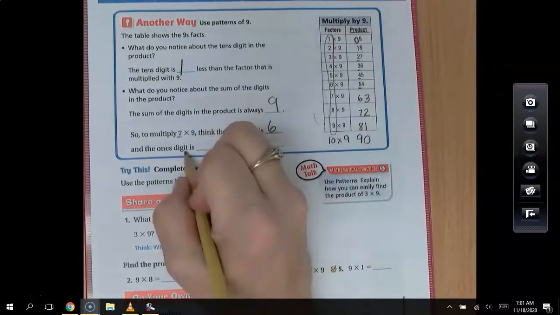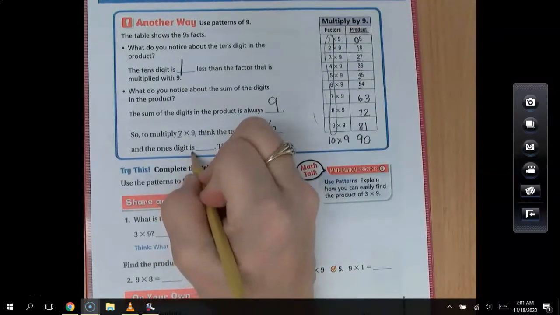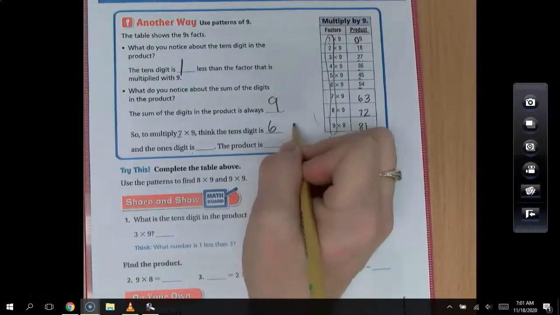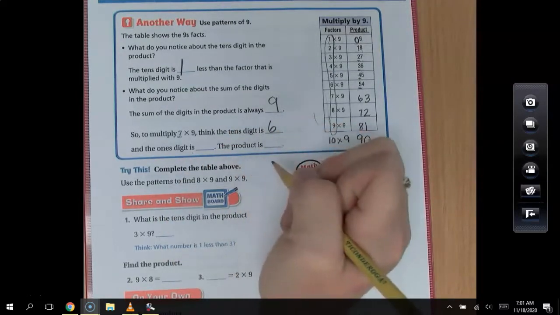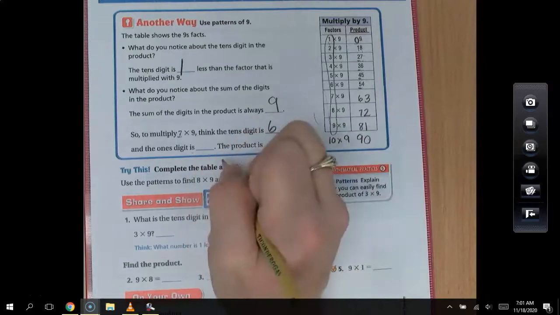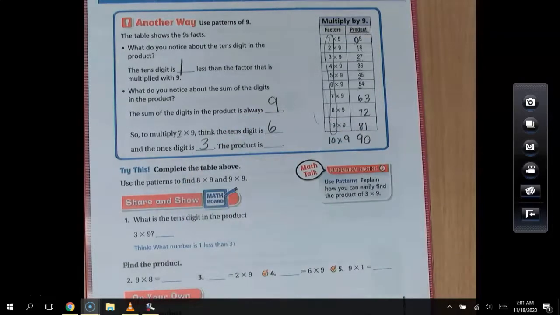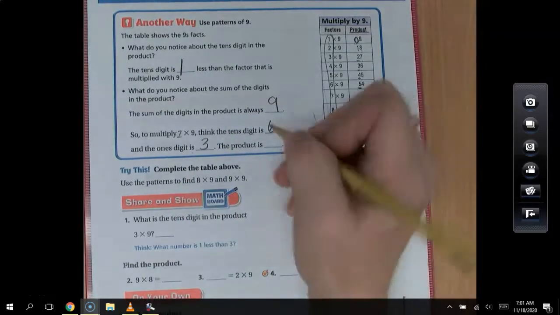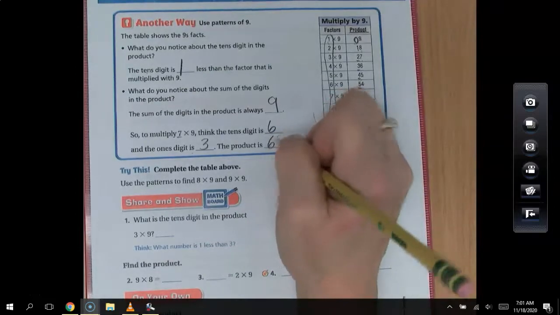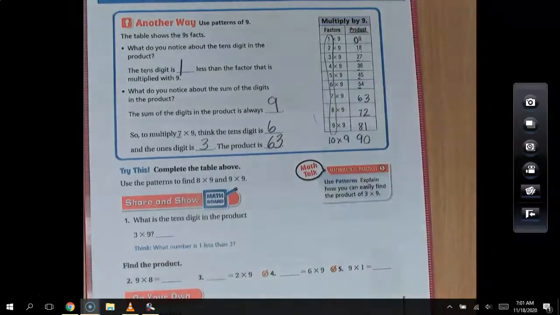And the ones digit is what? 6 plus what equals 9? 6 plus what equals 9? 3. So the product, 7 times 9, is 63. 63.